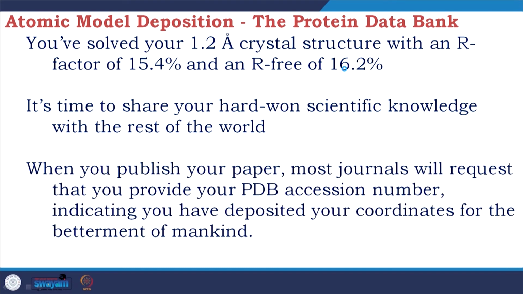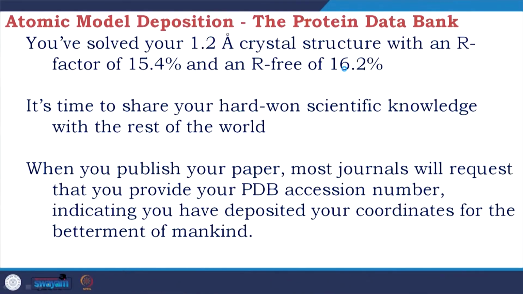When you publish your paper, most journals will request that you provide your PDB accession number. To add to that, nowadays it is not only the PDB accession number, there is a validation certificate coming from PDB. You have to submit that, only then the journal will agree to the fact that you have solved a structure. So, indicating you have deposited your coordinates for the betterment of mankind.